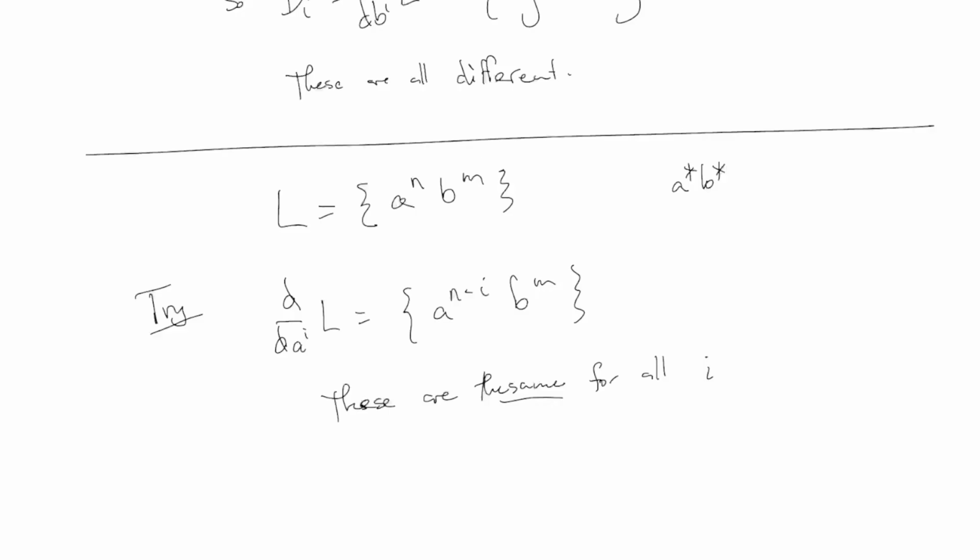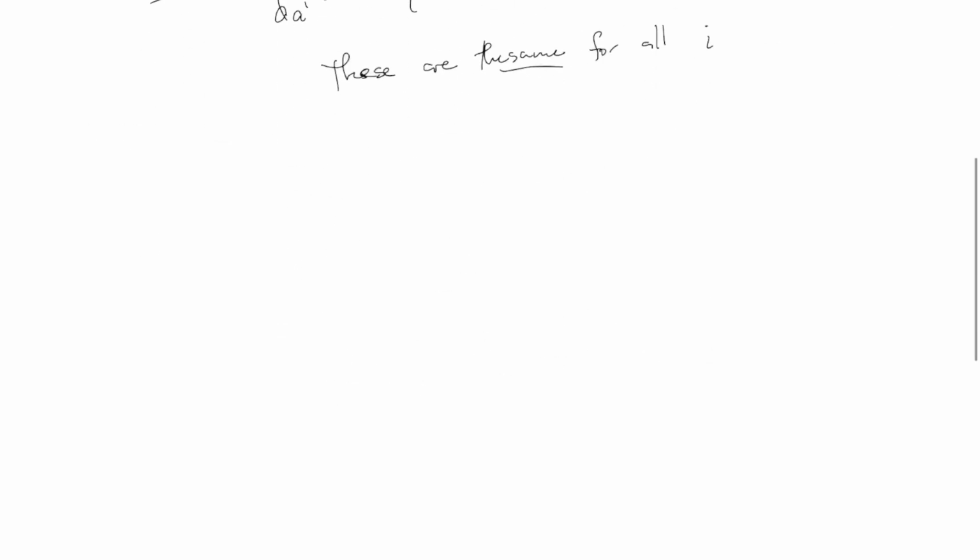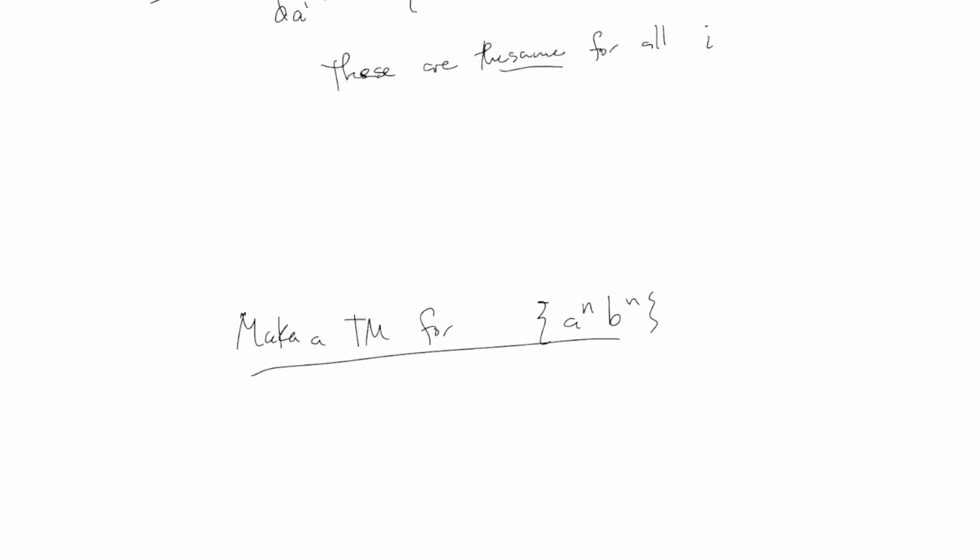So you should expect me to ask a question something like, make a Turing machine for A to the N, B to the N. This is a very simple matching type Turing machine. Or I could say, and it's exactly the same question, prove that A to the N, B to the N is RE. Because what that means is there is a Turing machine that accepts this language. If I wanted to be sneaky about it, I could ask it in this way, although I probably wouldn't, but they are the same as each other.